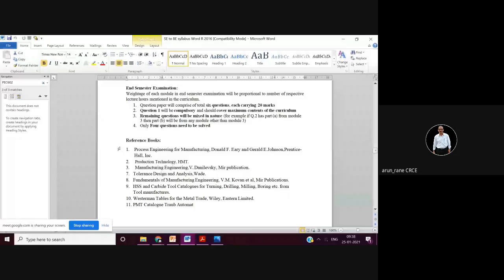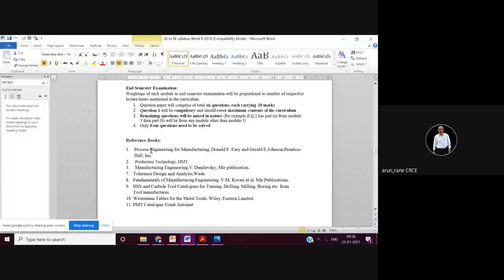These are all like you should have practicals. That is your manufacturing processes, whatever you have learned in the second year. You can refer to production technology by HMT, but practically speaking, you need to refer to only one book, process engineering and manufacturing, and the rest of the questions can be answered just by doing the assignments and by solving the question papers.